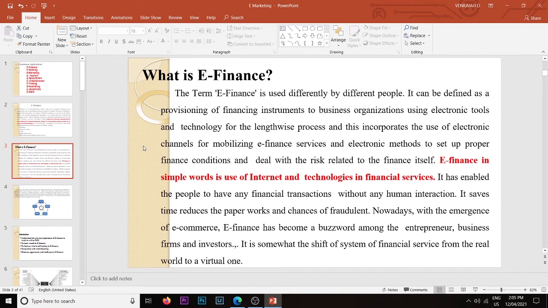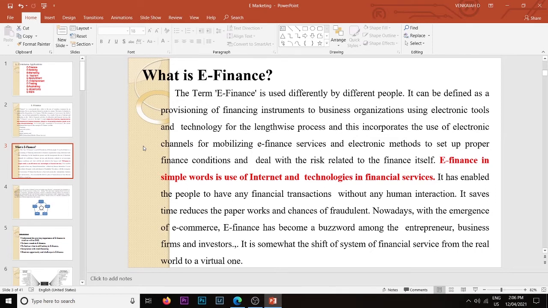E-finance is the use of internet and technologies in financial services. Electronic finance is nothing but the usage of internet and technology in financial services. It can be defined as the provisioning of financing instruments to business organizations using electronic tools and technology for a lengthwise process.